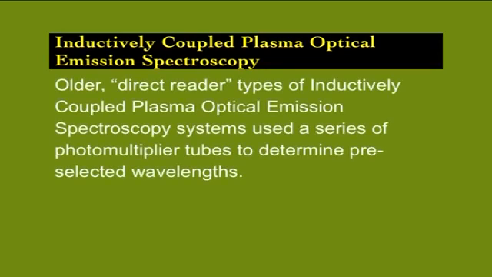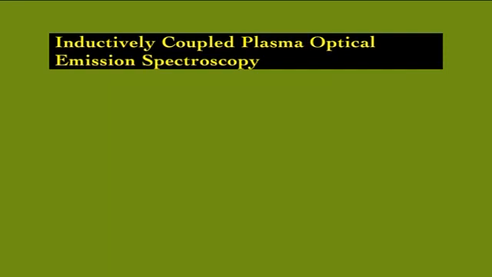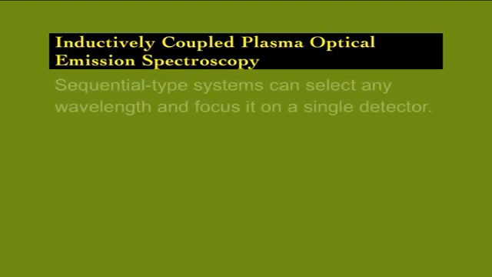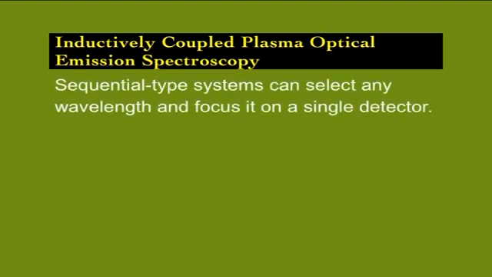Older direct reader types of inductively coupled plasma optical emission spectroscopy systems used a series of photomultiplier tubes to determine pre-selected wavelengths. This limited the number of elements that could be determined as the wavelengths were generally fixed once the instrument was manufactured.